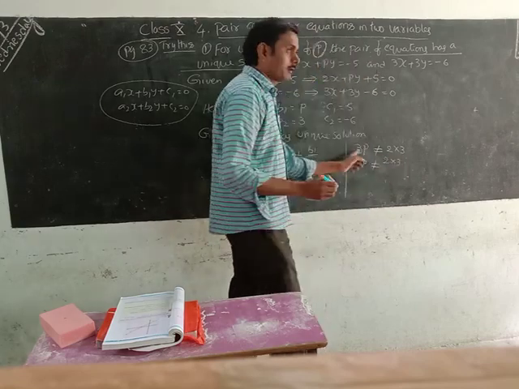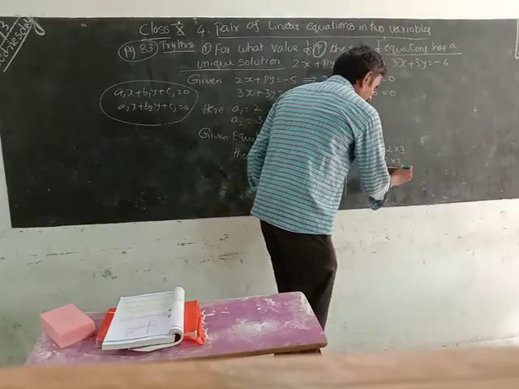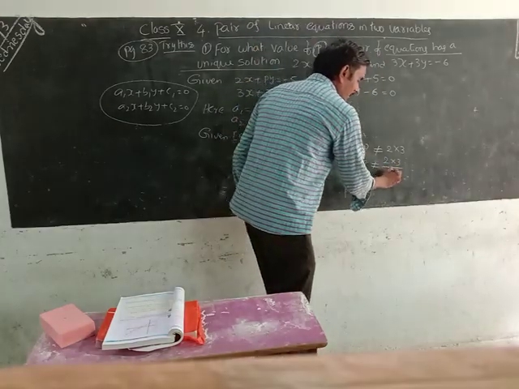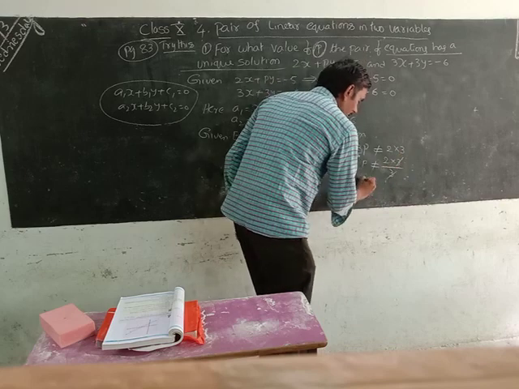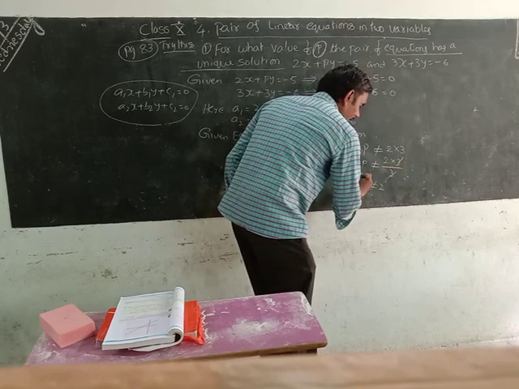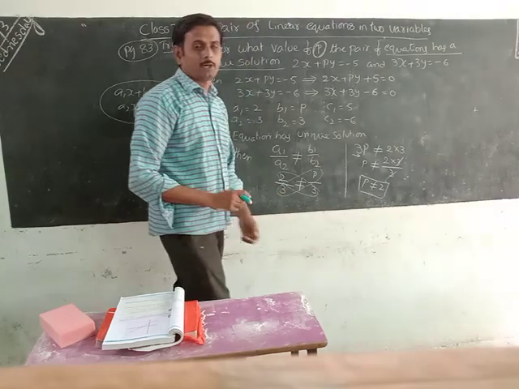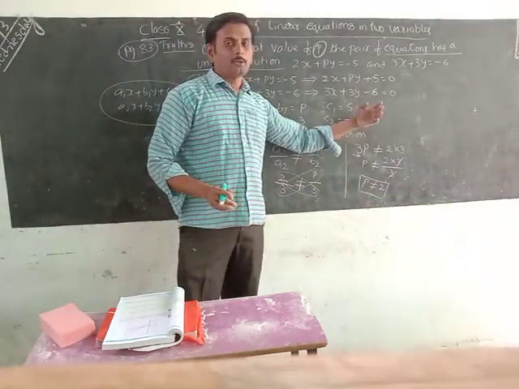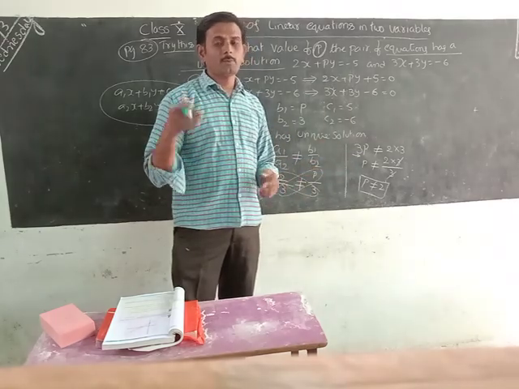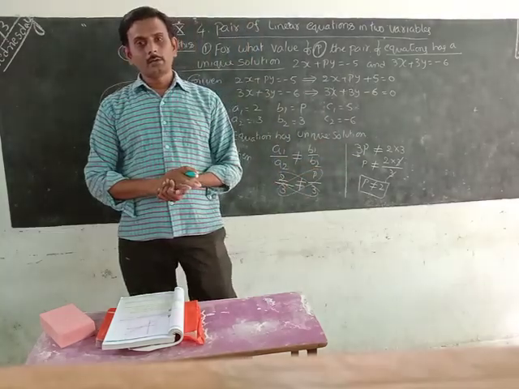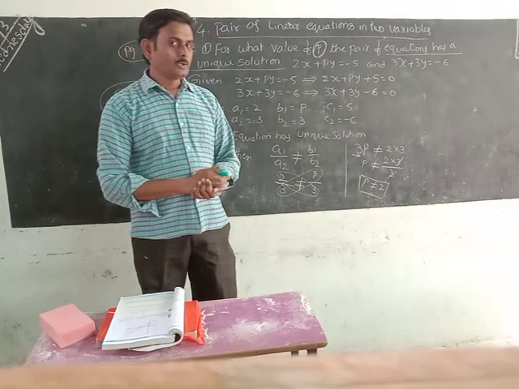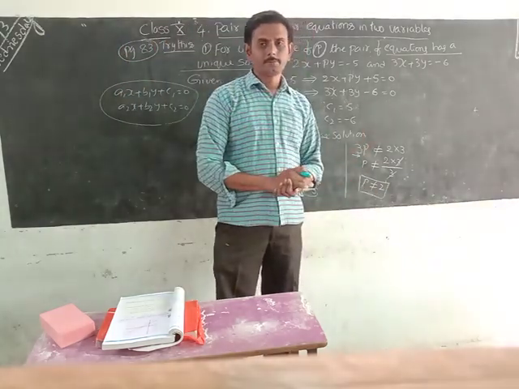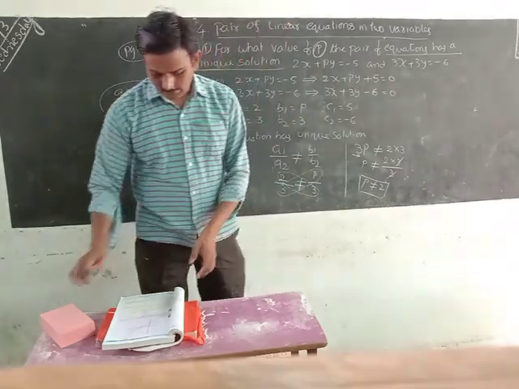One side multiplying, another side divide. Now I want to move 3, divide by 3, 3 will cancel. P is not equal to 2. Whenever p is not equal to 2, it will have a unique solution. Whenever p is other than 2, they may be parallel or coincident, but p not equal to 2 means they are intersecting. That is having one solution.